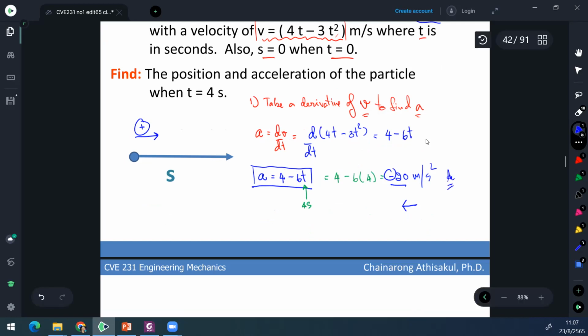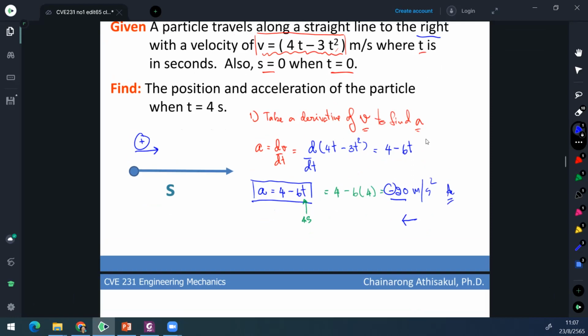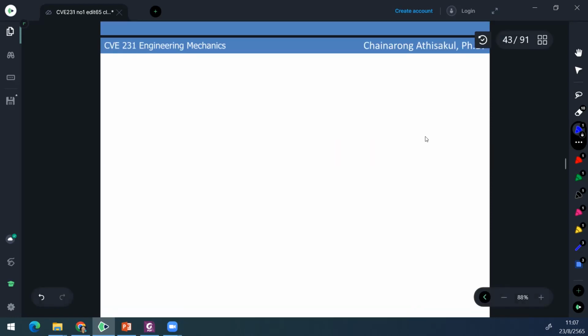Then we move to the position. For position, we know that v equal to ds by dt, so ds equal to v dt. Then we integrate both sides, with the limits of integration: when time equal to 0, s equal to s0, and when time equal to t, s equal to s. From the left hand side, we have s minus s0.